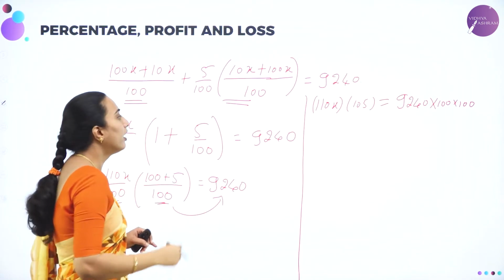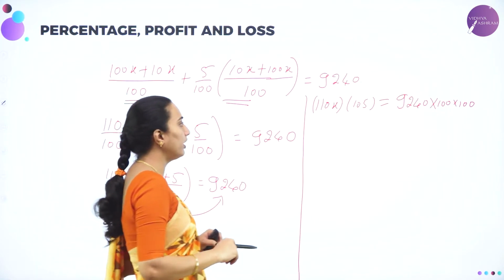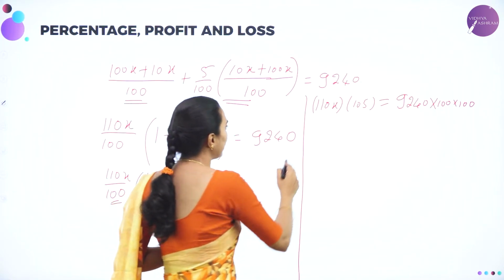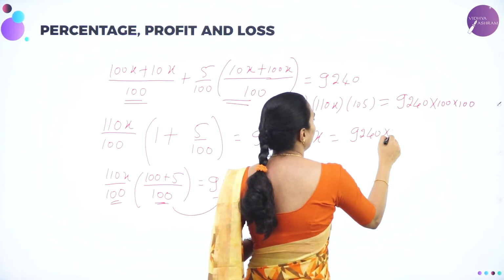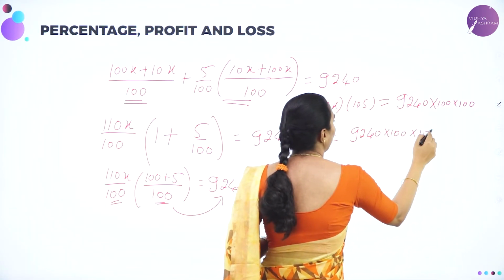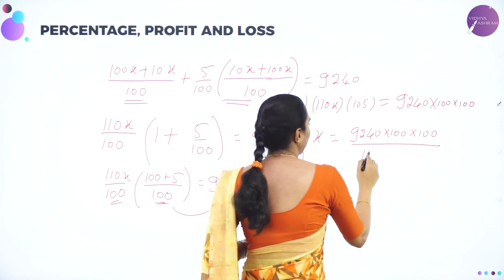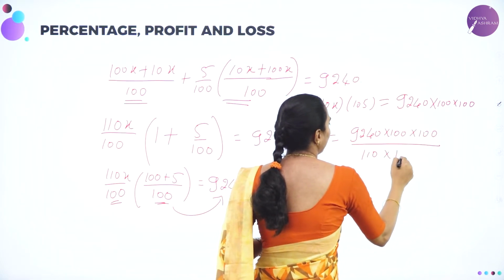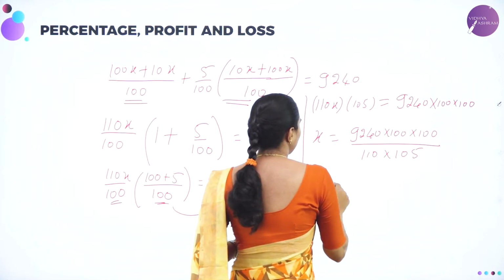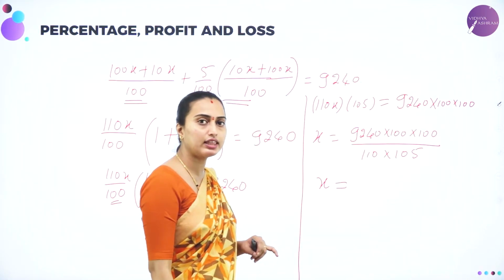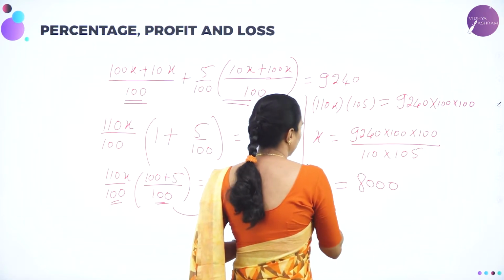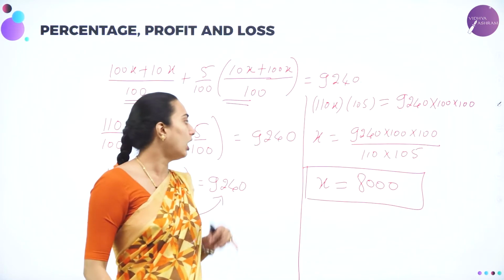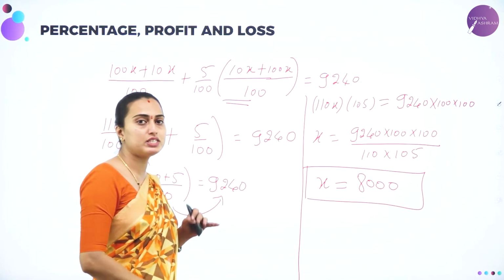Now by multiplication, x will be equal to 9,240 into 100 divided by 110 into 105. So the answer after the calculation is nothing but 8,000. So the answer for this question is rupees 8,000.